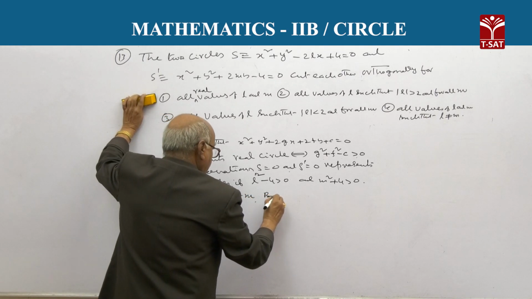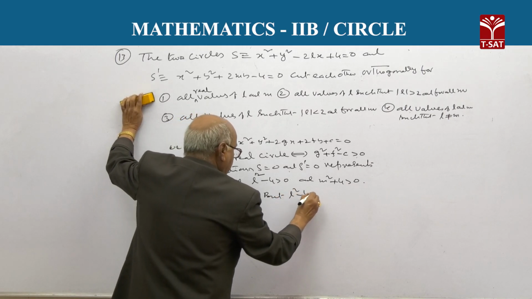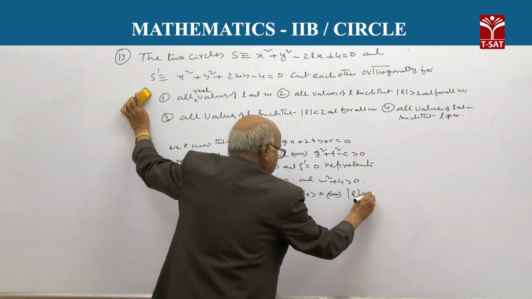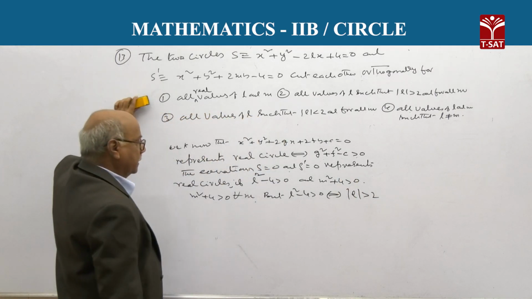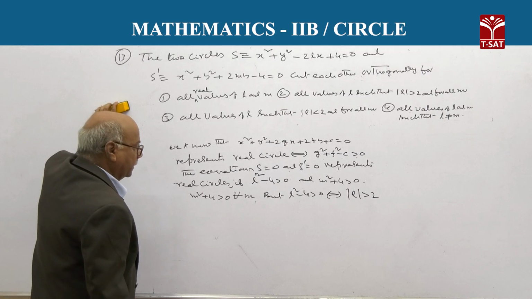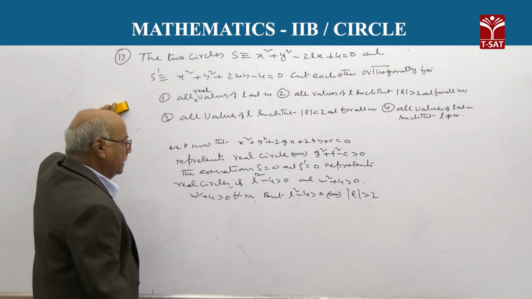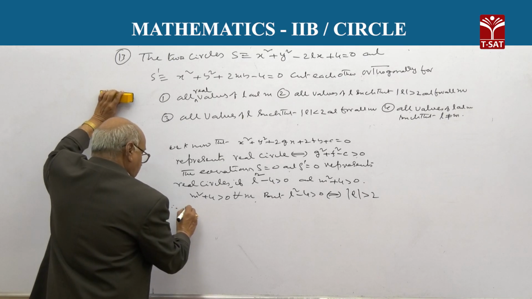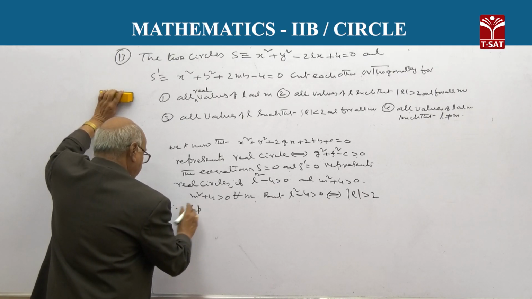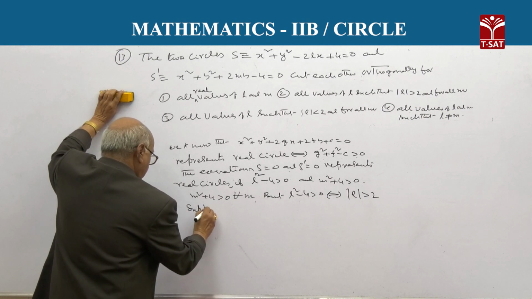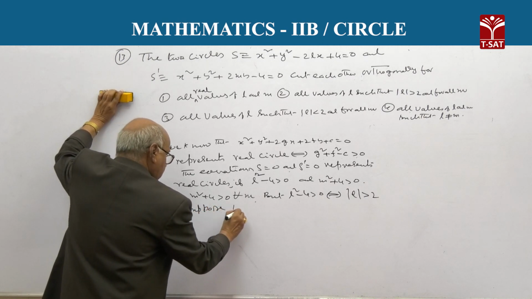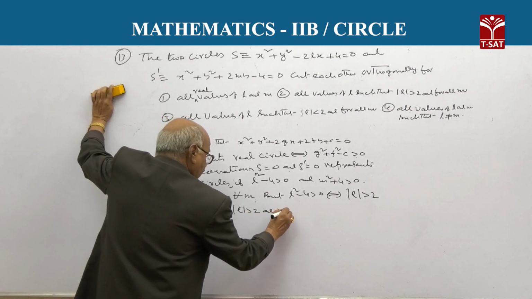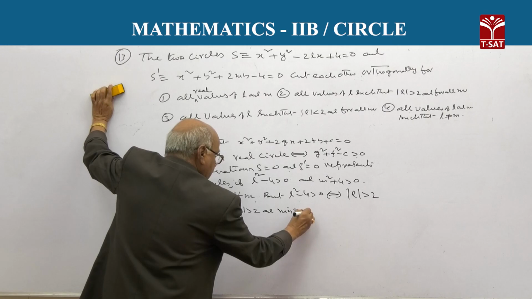But L square minus 4 is greater than 0 if and only if mod L is greater than 2, that is, L square greater than 4. So, mod L is greater than 2. Right. So, therefore, suppose mod L is greater than 2 and m is any real number.